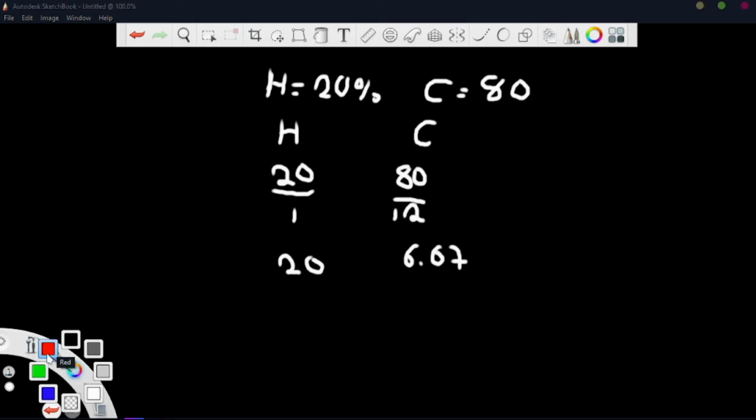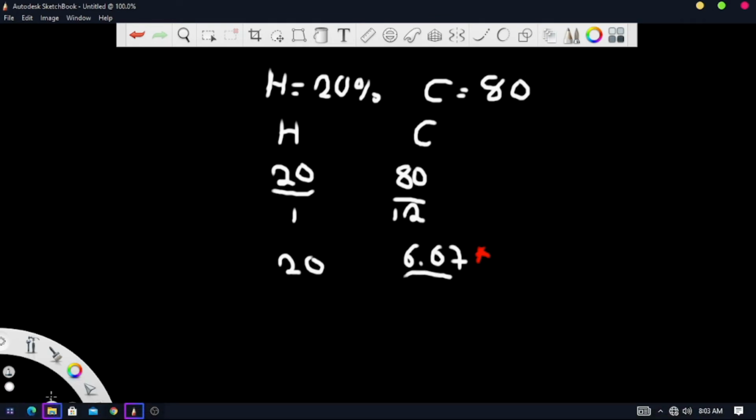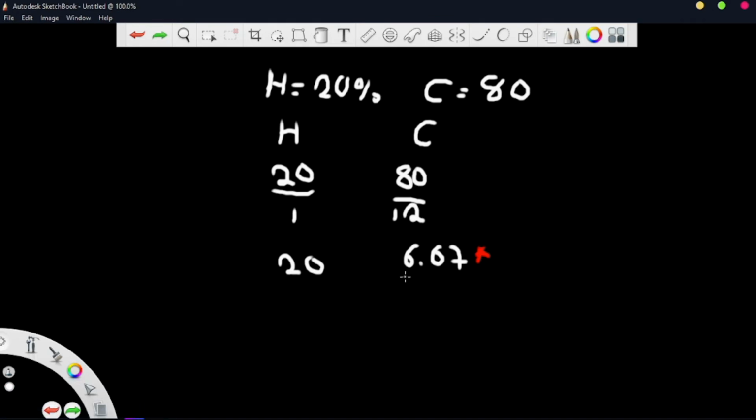I'm sure you know that 6.67 is obviously the smallest one that we have. So we're going to divide by the smallest, 6.67, and here we're also going to divide by 6.67.